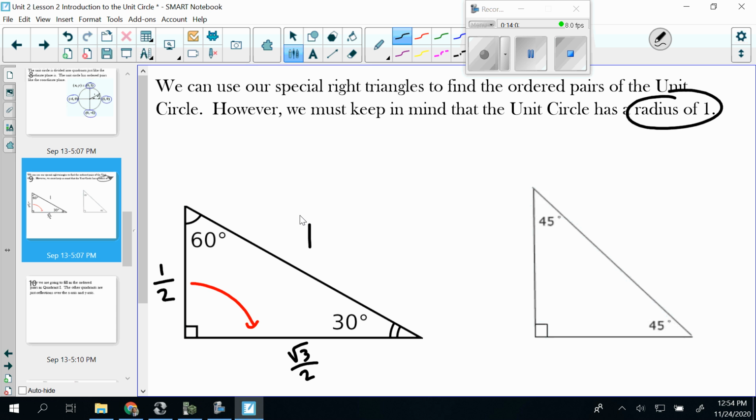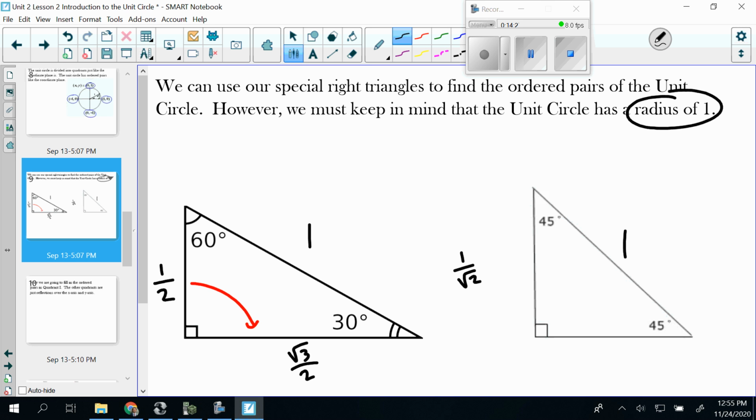In my 45, 45, 90, same thing. The hypotenuse would be 1. Our conversion to go from the short side to the hypotenuse is to times by square root of 2. And so the opposite way would be to divide by square root of 2. So this side's going to be 1 divided by square root of 2.